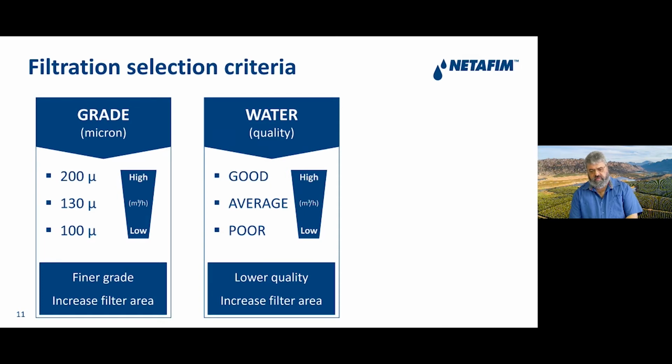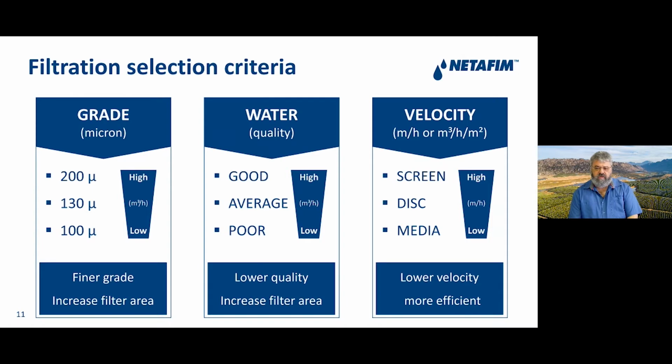So the opposite again, if I have a fixed flow rate and I have my water quality as poor, then I need to increase again the filtration area compared to a good quality water. Also remember that water quality is not a fixed parameter for the whole season. It can change during the season, and we need to take that into consideration to know what happened with the water quality during the season.